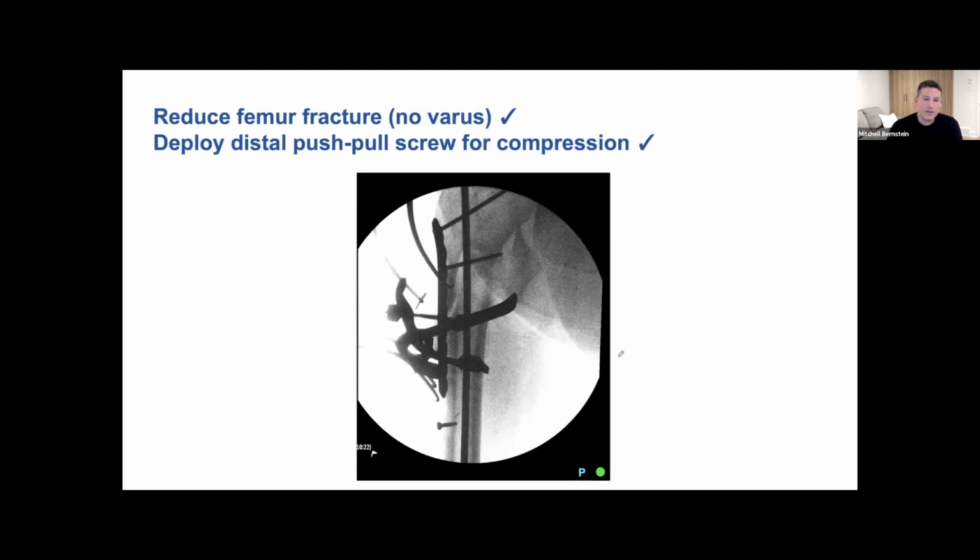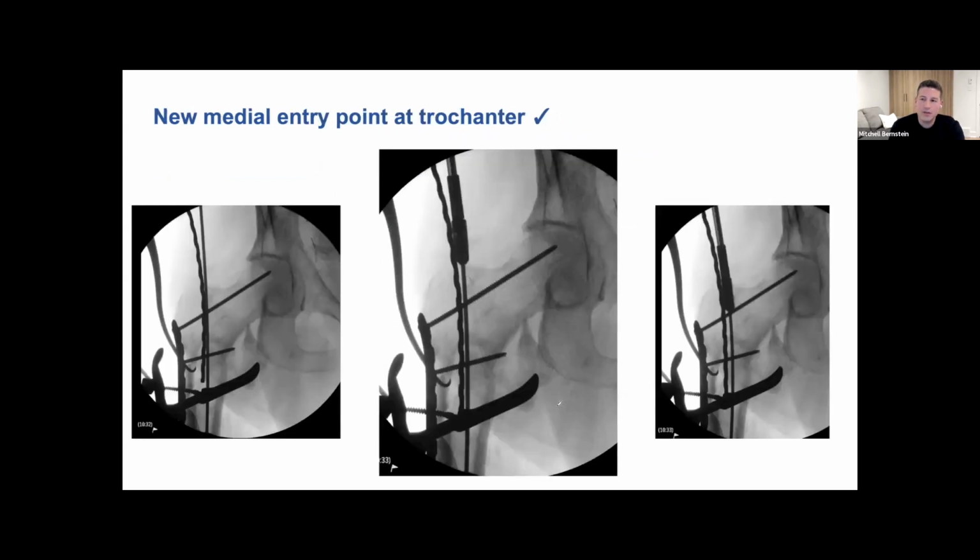Reduce the femur. I have a push-pull screw deployed for me to use at my discretion, and then I'm going to ream. I like to pause for a full-blown shout out to my mentors, because my mentors in Seattle at Harborview Medical Center taught me such wonderful basic things to use in an advanced fashion.